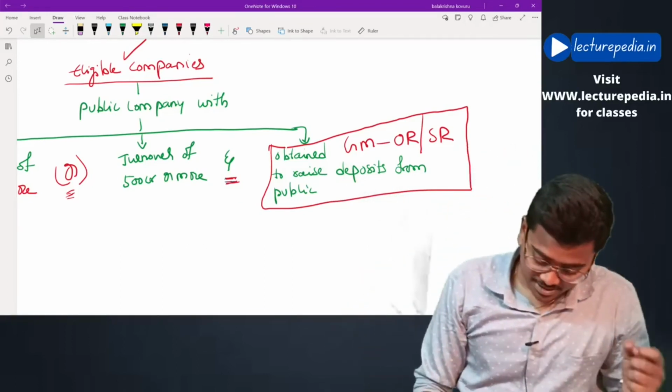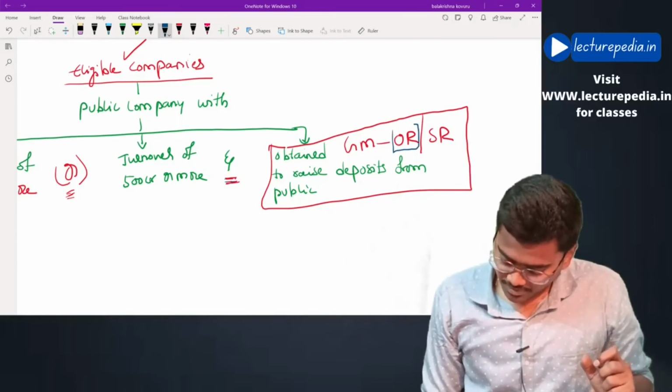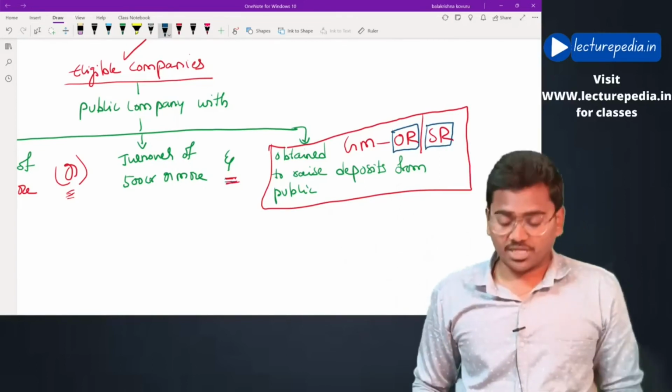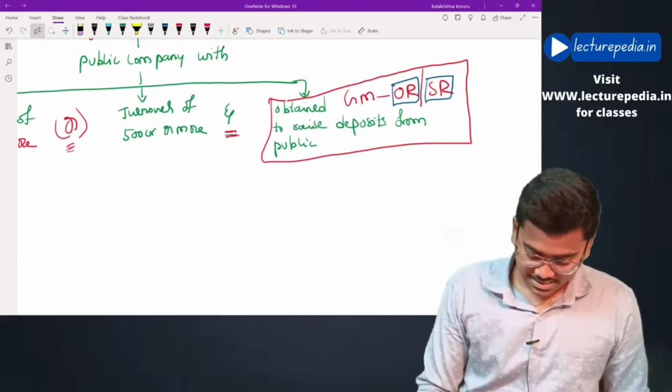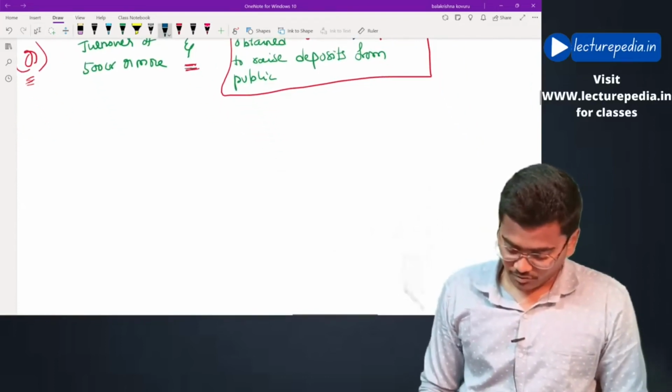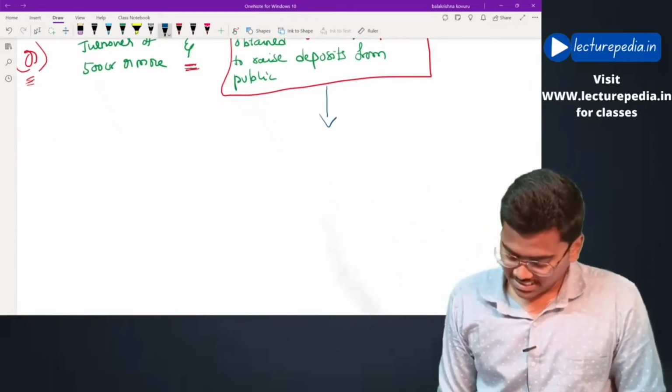Let us see when special resolution has to be obtained and when ordinary resolution has to be obtained. Basically this is linked to section number 180. What does section number 180 say?